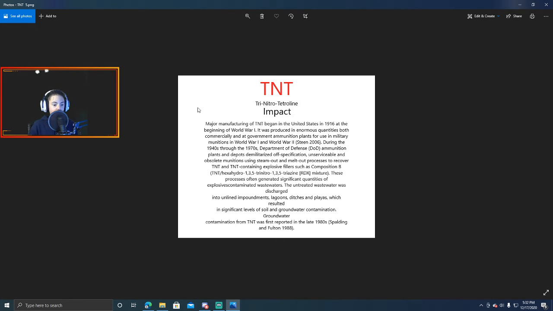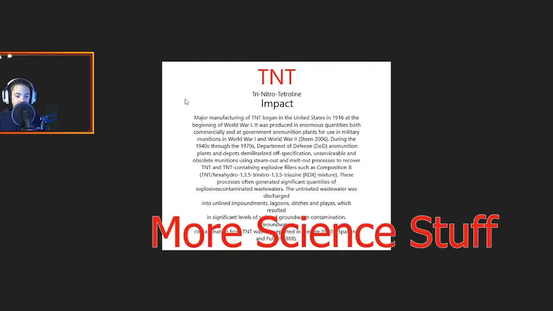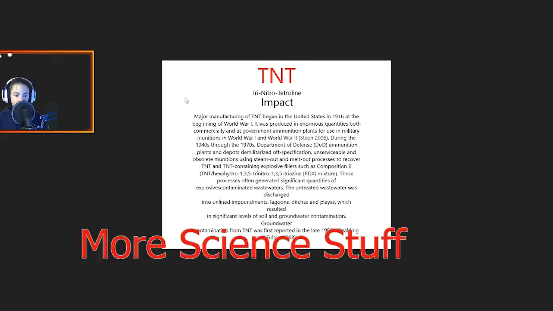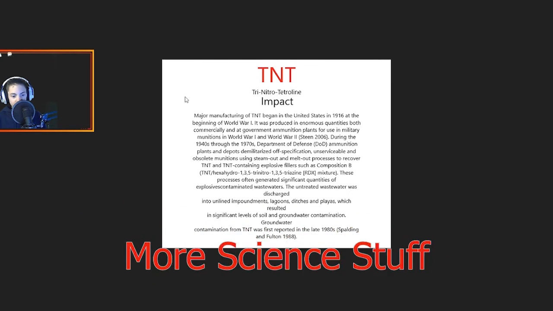During the 1940s through the 1970s, Department of Defense, the DoD, ammunition plants and depots demilitarized off specification, unserviceable and obsolete munitions using steam out and melt out processes to recover TNT and TNT containing explosive fillers such as Composition B, TNT slash hexahydro-1,3,5-trinitro-1,3,5-triazine, which is an RDX mixture.